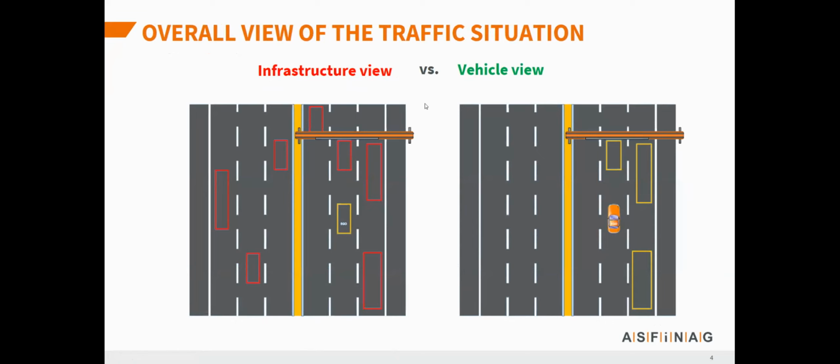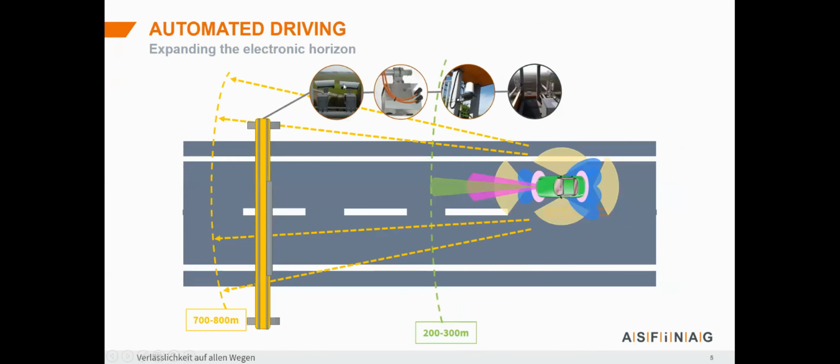This is just one example why. If you compare the infrastructure view, this kind of bird view, to the vehicle view, you see that the infrastructure might be capable of seeing much more. Imagine that if here would be another car, the vehicle would not be able to recognize it, but the infrastructure would. One very important idea is that infrastructure could expand the electronic horizon by lots of sensor data like cameras, radars, something like this.